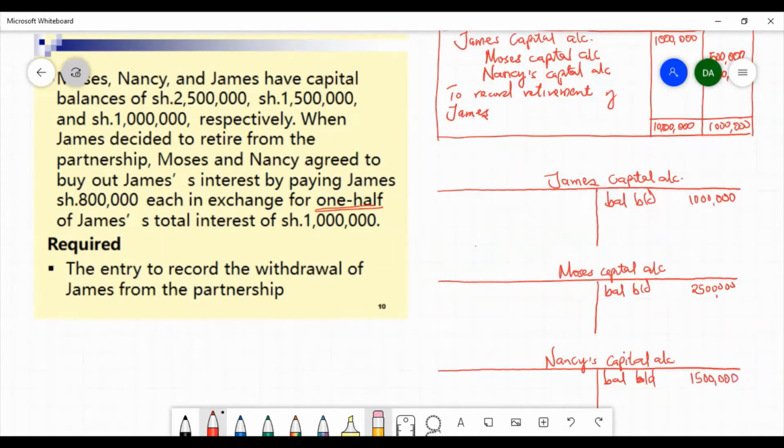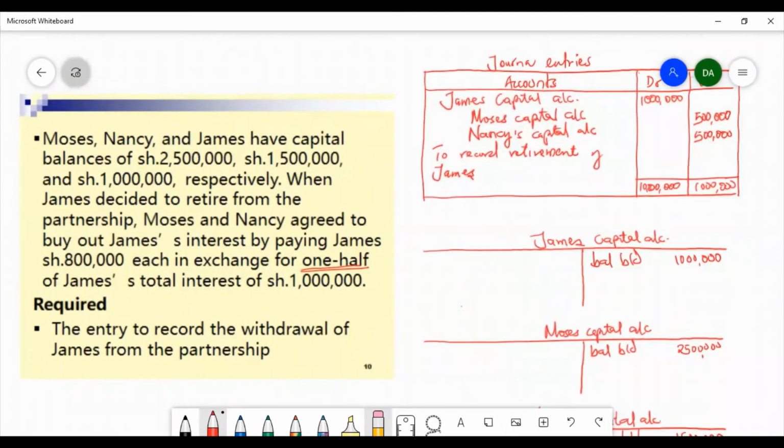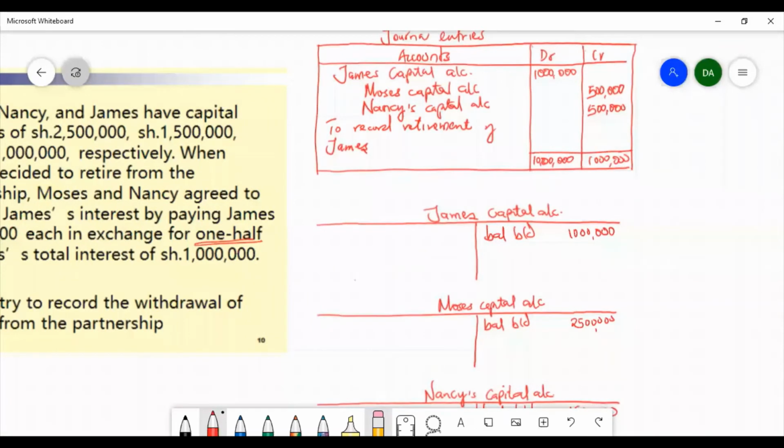Then upon retirement of James, we transfer whatever we have identified in the journals. The first one is that the account of James will be debited by Moses' capital account, 500,000, and Nancy's capital account, 500,000.